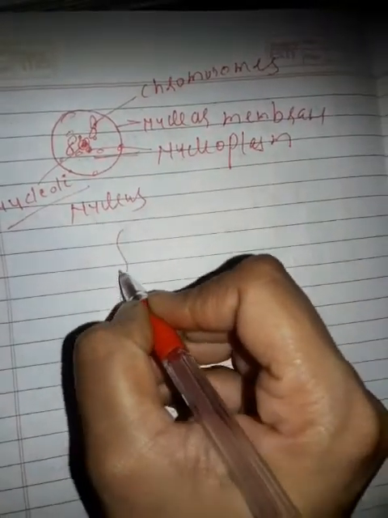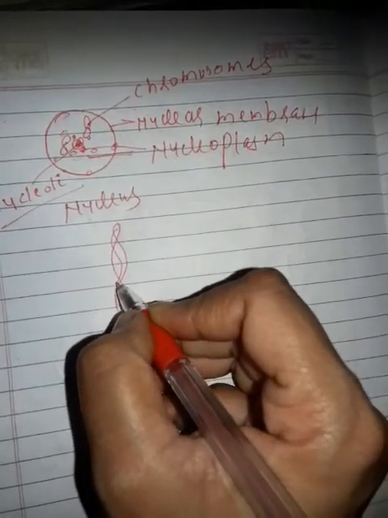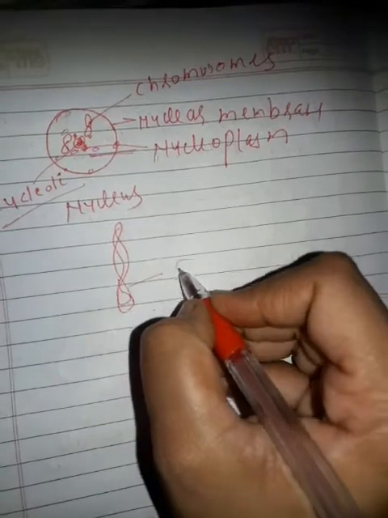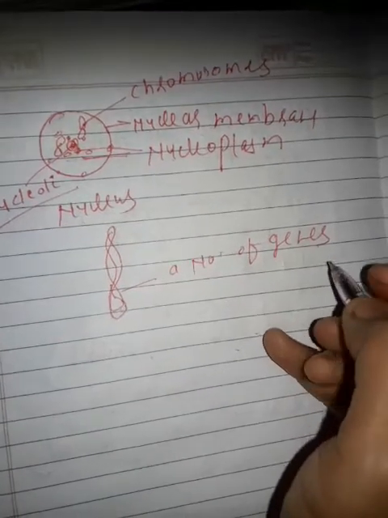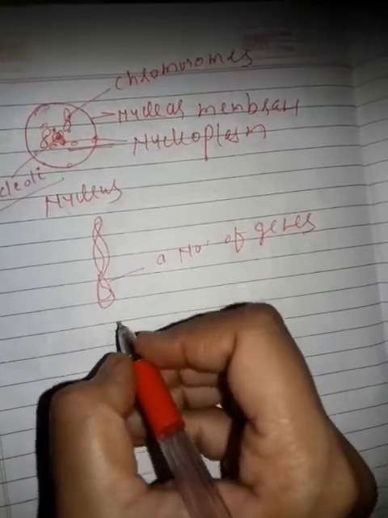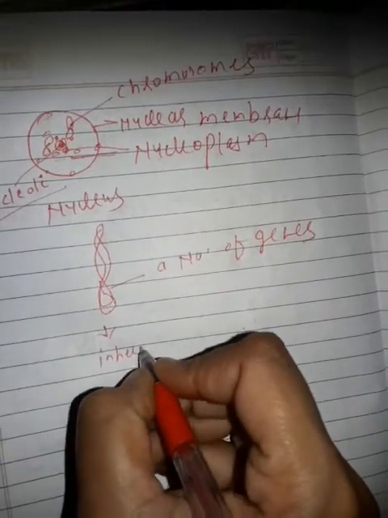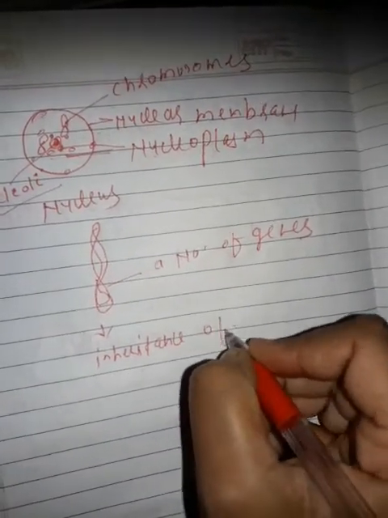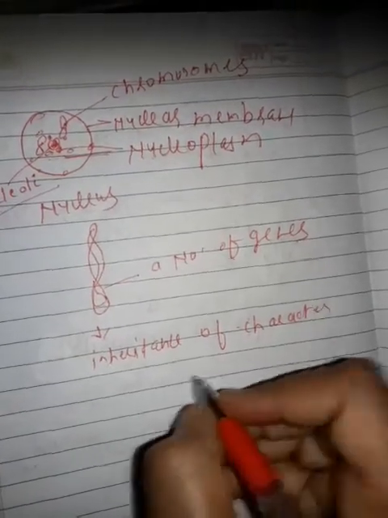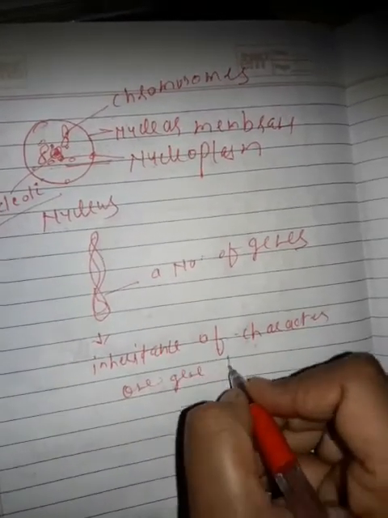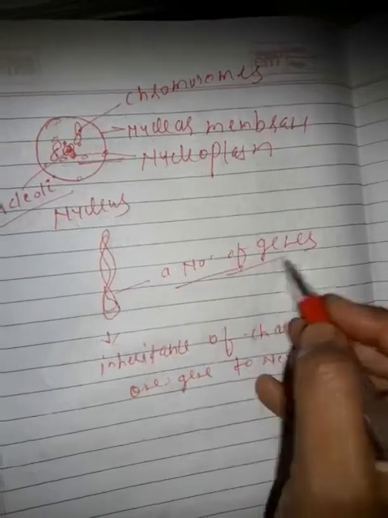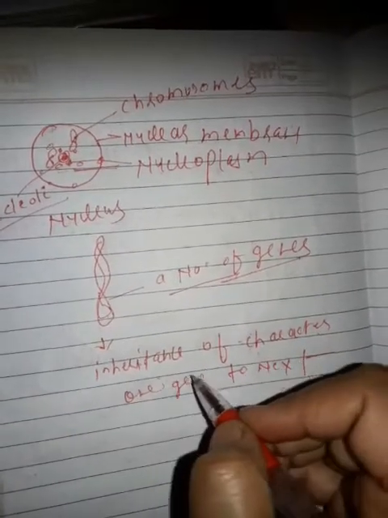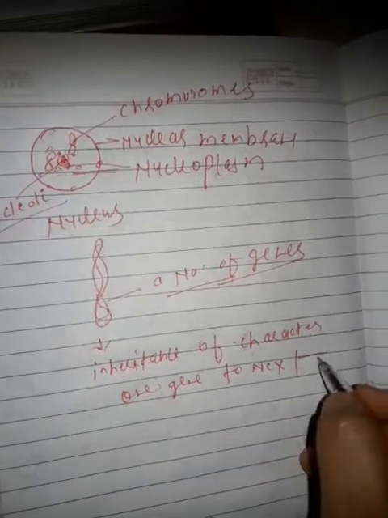Chromosomes are thread-like structures which carry a number of genes. The chromosomes and the genes play an important role in the inheritance of characters from one generation to the next generation.